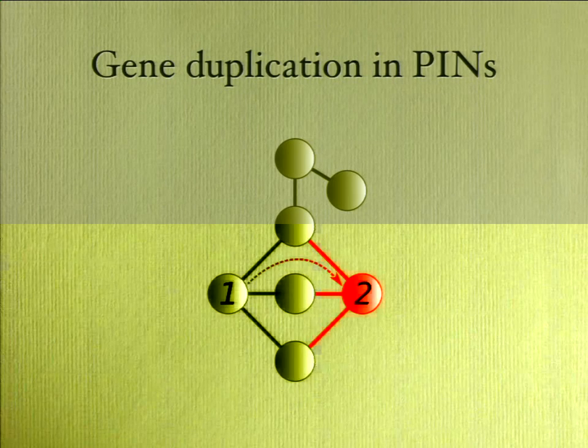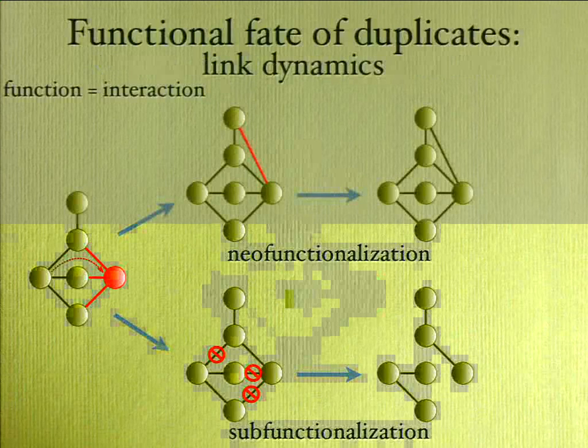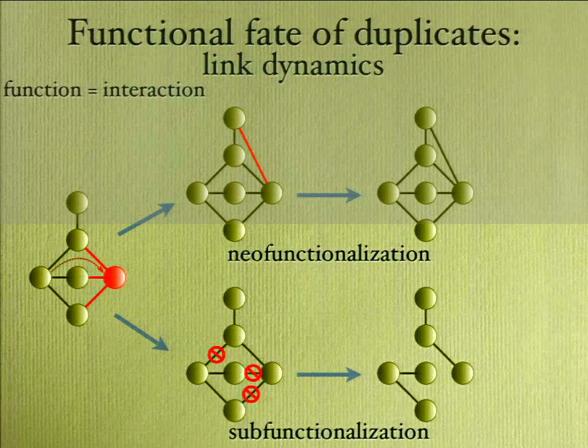Now, neofunctionalization and subfunctionalization each have really nice analogs in protein interaction network evolution. And the idea here is that gene function is synonymous with protein interaction. So proteins with identical interacting partners putatively have identical functions, at least in the simplification of these evolving models.